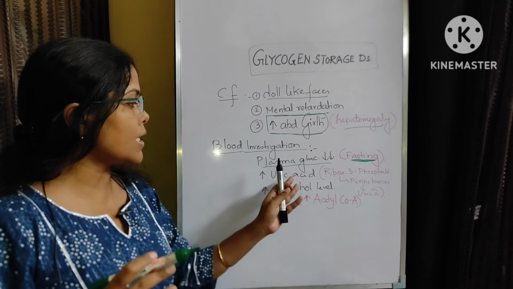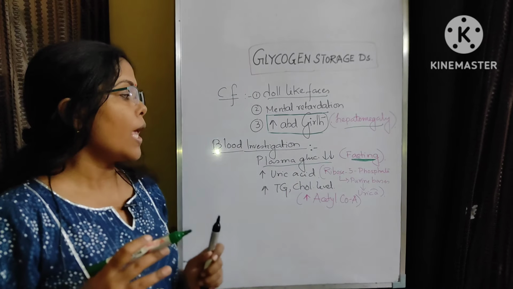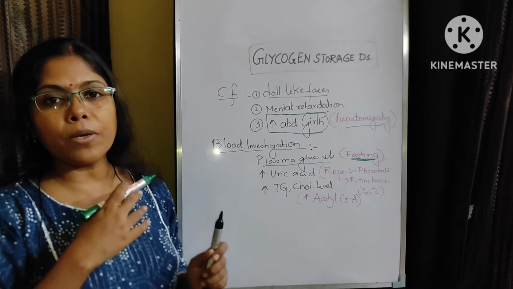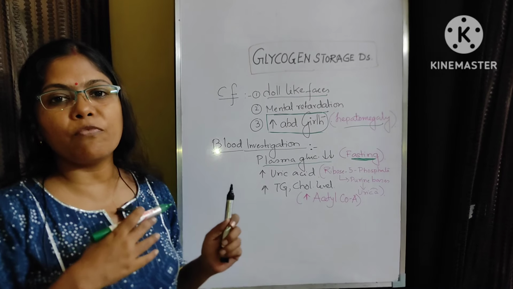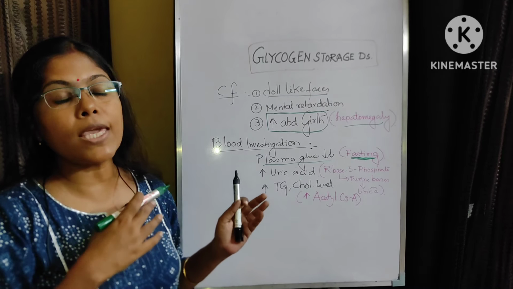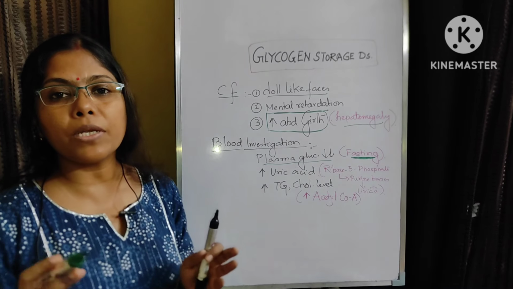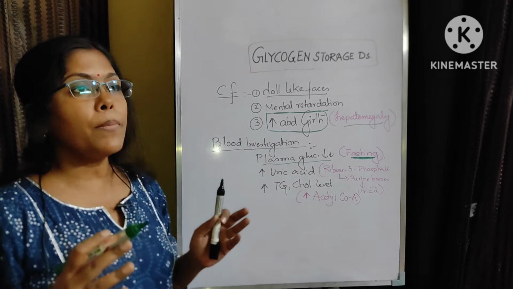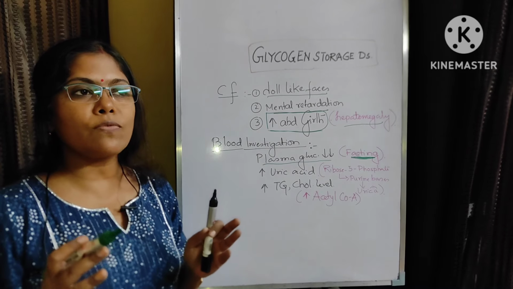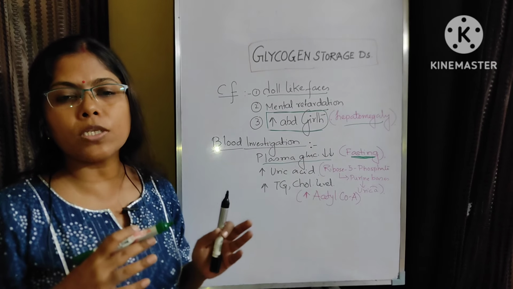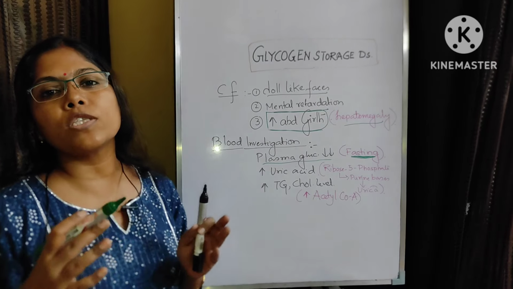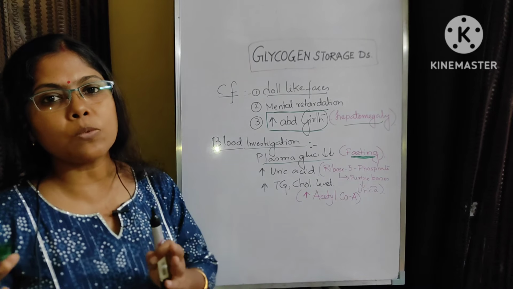Next, increase in uric acid concentration in the serum. If you remember the case presentation, the 5-month-old boy had serum uric acid concentration of 9.8 milligram per deciliter of blood. Why so? Because this glucose 6-phosphate is also an important product in the hexose monophosphate shunt or the pentose phosphate pathway.